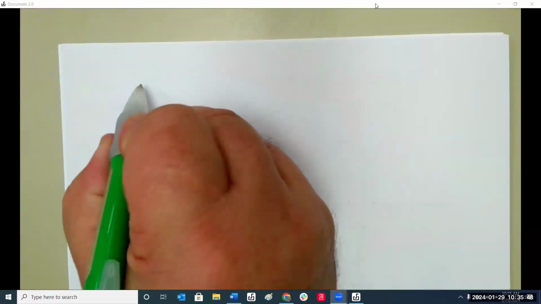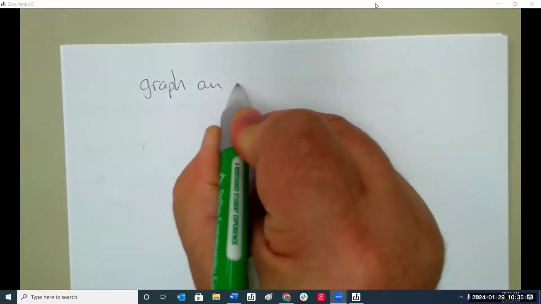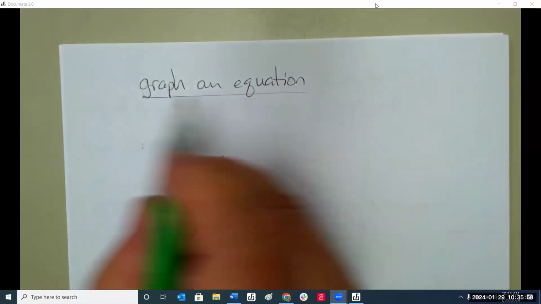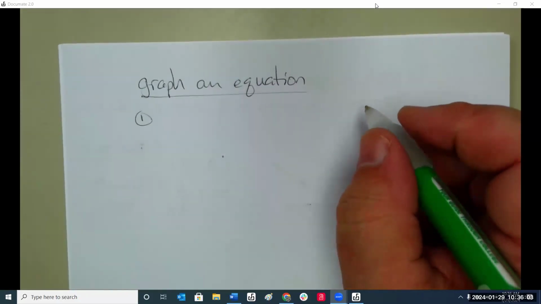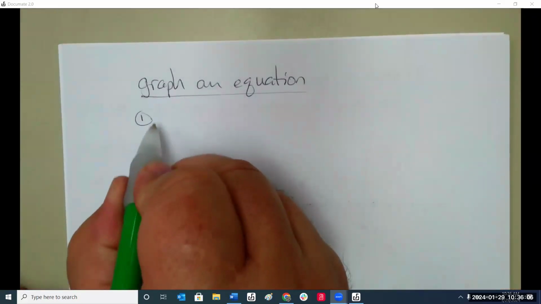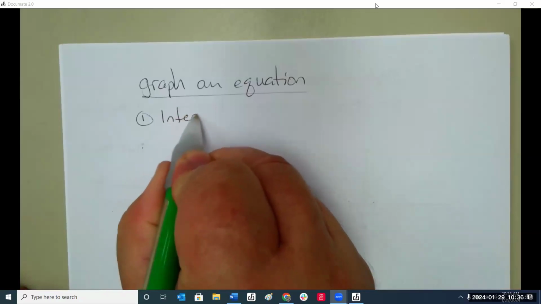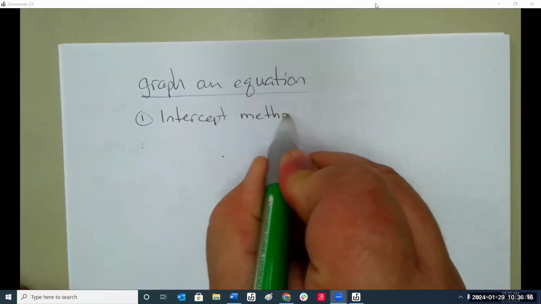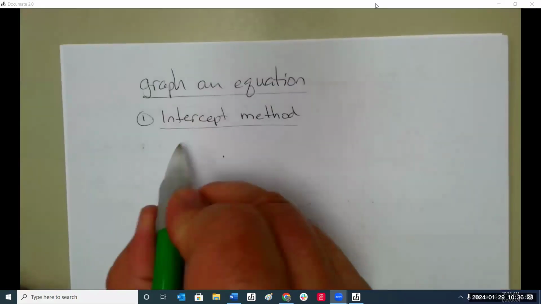Another way to graph an equation. Okay, well, first off, to graph an equation, we can use the intercept method. What is the intercept method?